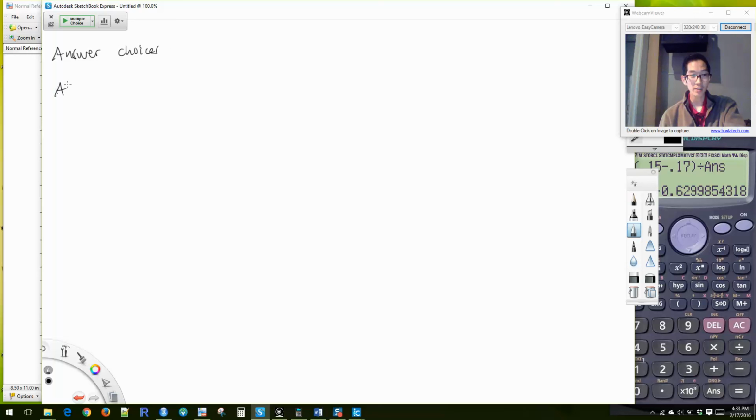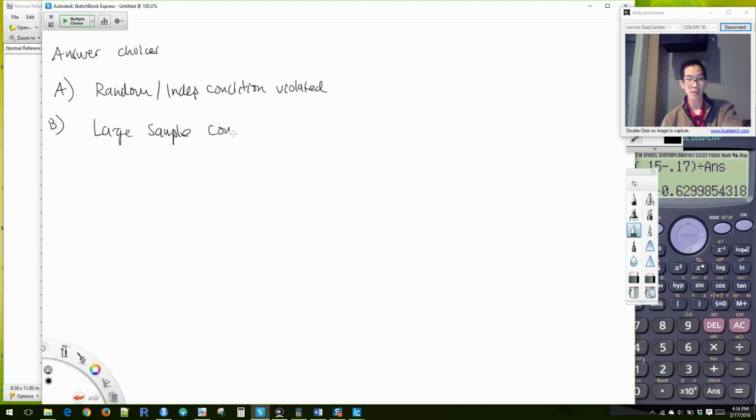Answer choice A would be random independent condition violated. B will be large sample condition violated. C is big population condition violated. And D will be no conditions violated.